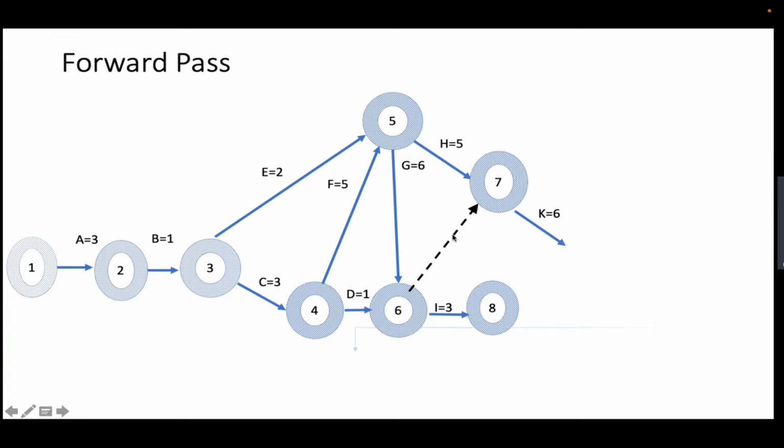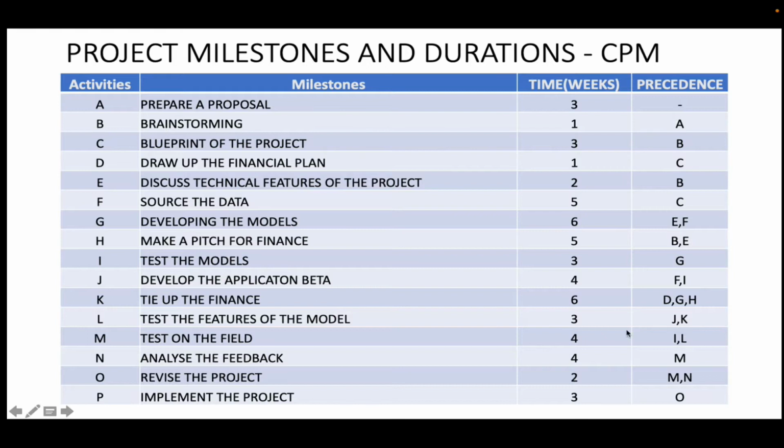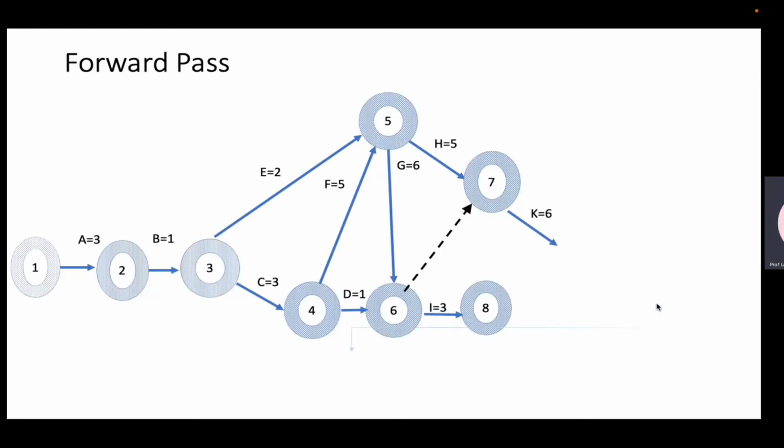Now when I draw a dummy node like this, it means that K is preceded by G and D. H is also there. Yeah. K is preceded by H, G, and D. Sorry. So H, G, and D. This is very important.